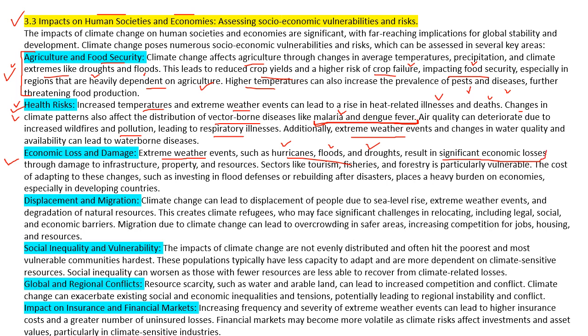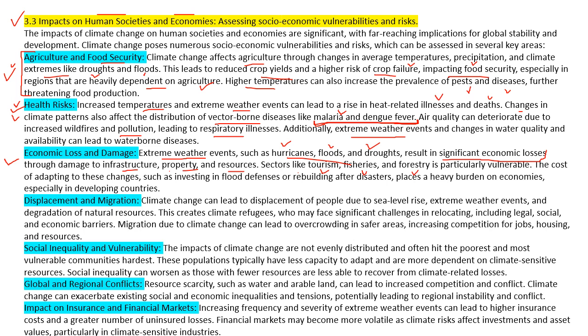Not only agriculture, all these extreme weather events can affect the infrastructure, property and resources, and some of the sectors, not only agriculture but also tourism, fisheries and forestry. All these sectors are vulnerable. Not only these sectors, other sectors also.